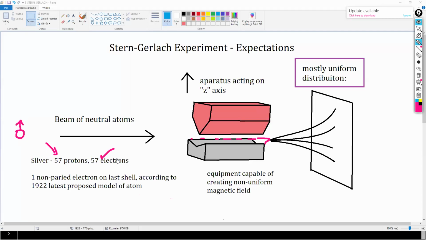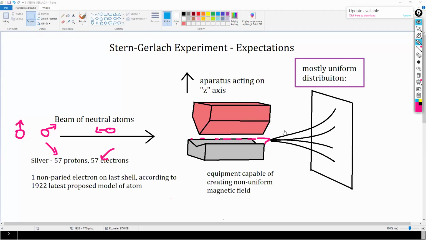The one unpaired electron on the last shell in the Bohr representation was supposed to act like a little tiny magnet, whether its orientation is up, or slightly to the left, or maybe slightly backwards.